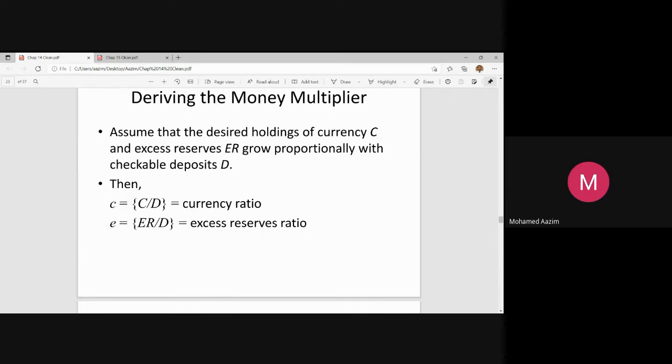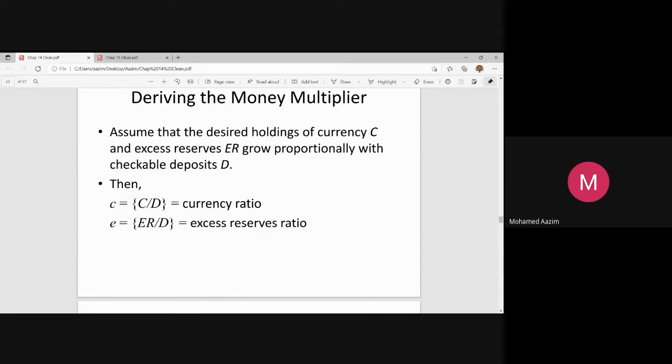And for easy understanding, small letters are considered as ratios, normal big letters are the particular variable. Currency, big C. Currency ratio, small c. Excess reserves, big ER. Okay. Small e is excess reserve ratio.